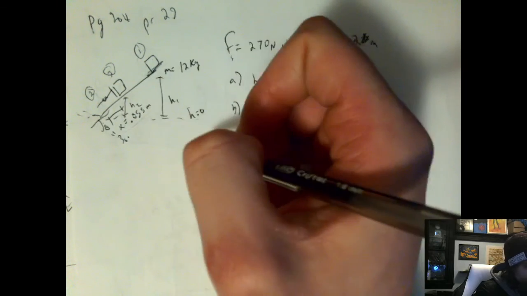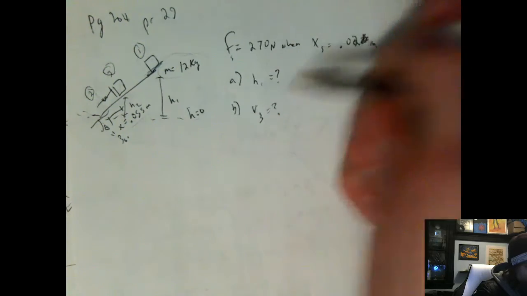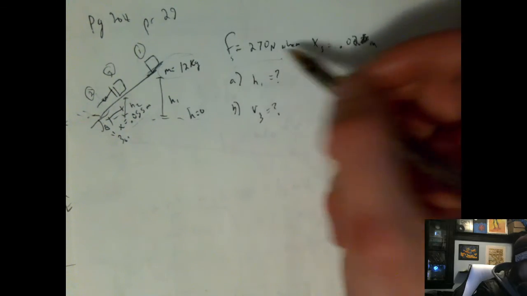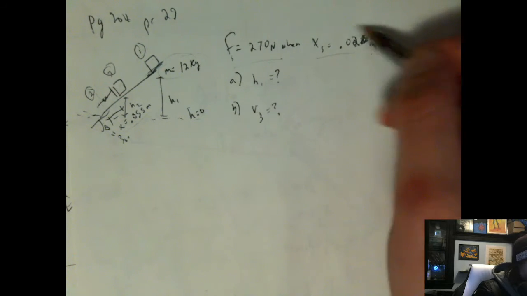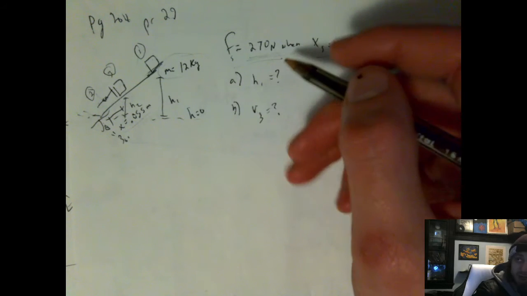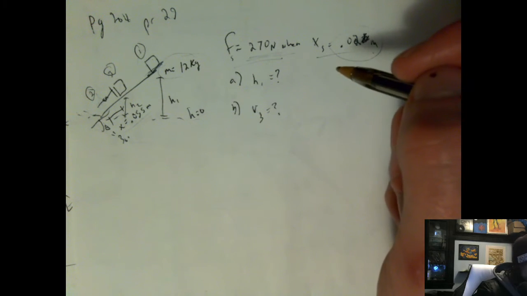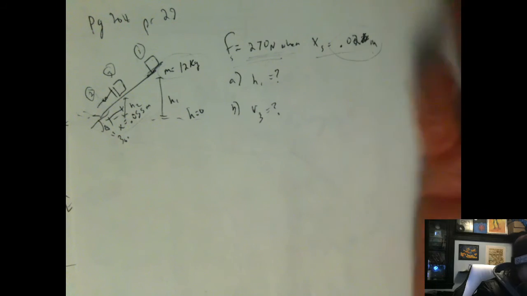The hill has an angle of 30 degrees, and the thing has a mass of 12 kilograms. We're also told that for our spring, when we compress it by 0.02 meters, it pushes back with a force of 270 newtons. So that could help too, and will.